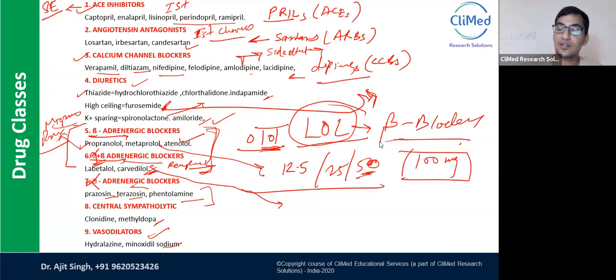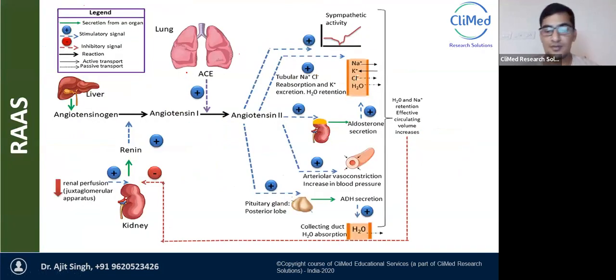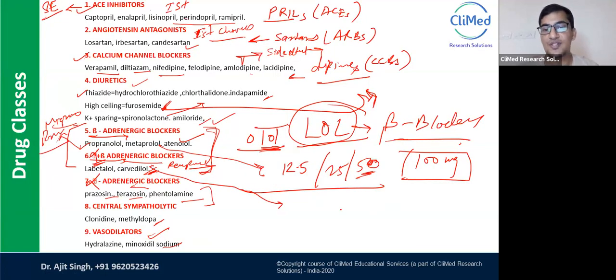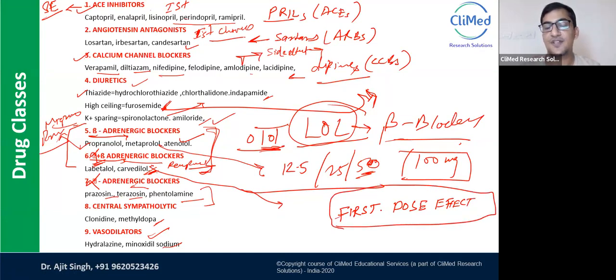If I ask you one more question here, would you like to answer? Tell me, what do you understand by the first dose effect, and in which drugs should we usually consider the first dose effect?